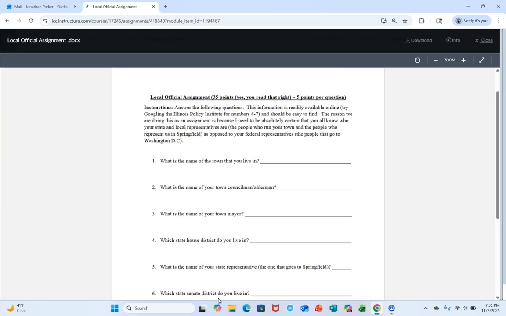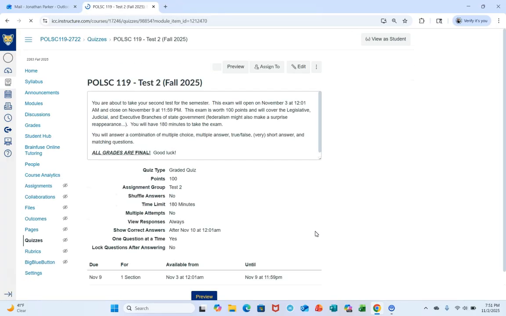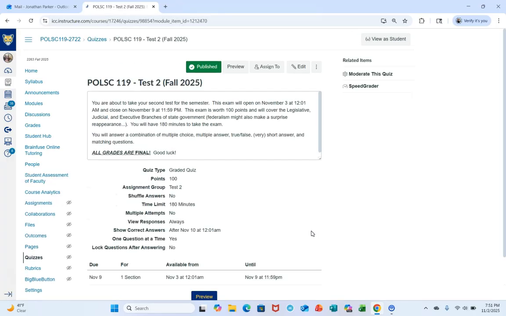So please fill this out. Take it seriously. It's higher points, okay? And please do this before you take the test, and do yourself a favor and print it out and keep it next to you as you take this test. And that's all I will say on that matter.